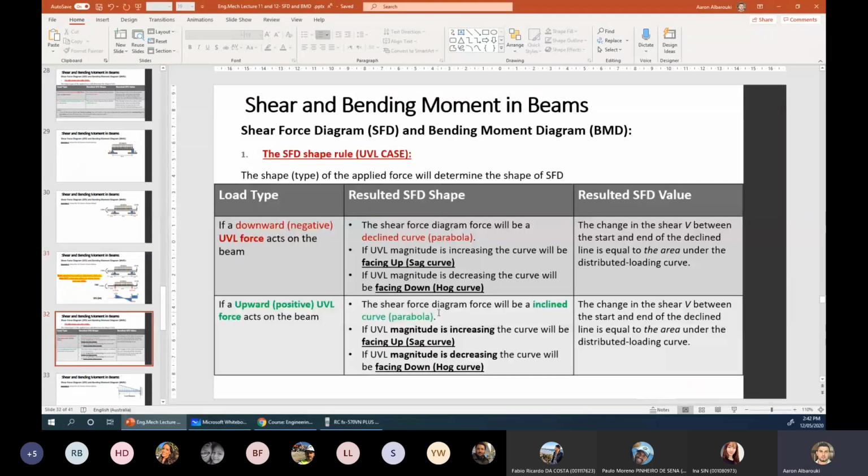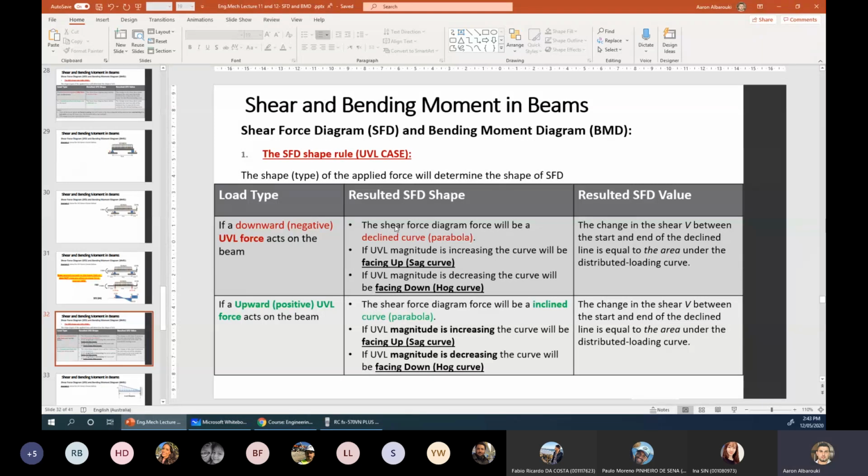So for the UVL values, what do we have? Slightly different rule. Okay, that's good, Hannah. So slightly different rules. We have one extra measure to check. First of all, we do what we learned about UDL. We say if it's negative, that means it will be declined. Positive will be inclined.